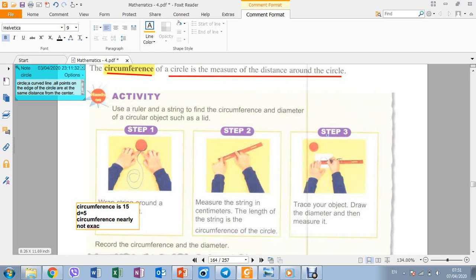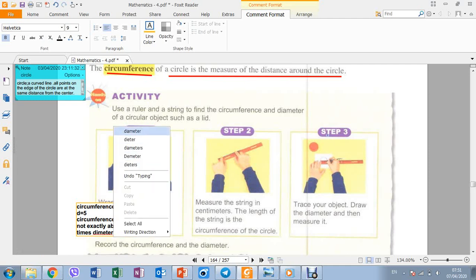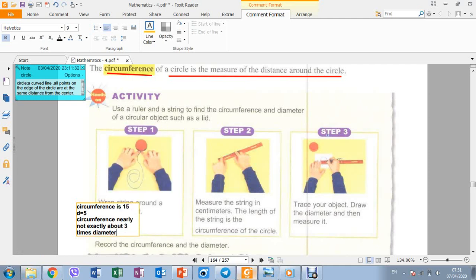The circumference is not exactly, but about 3 times the diameter, okay? 3 times diameter.